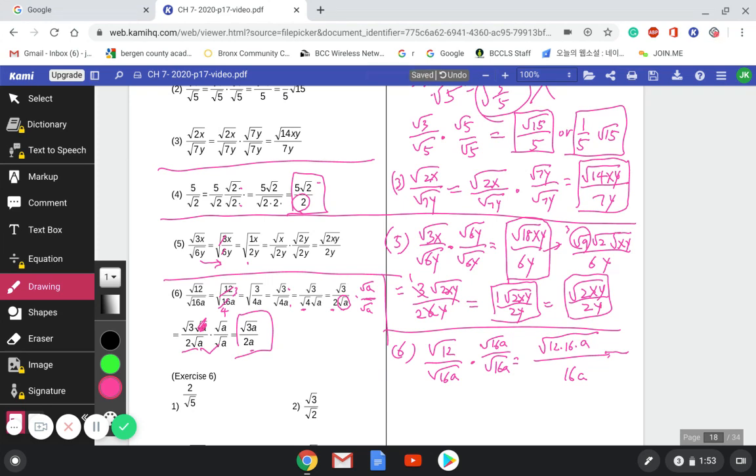So 12 and 16 can be reduced further. 12 is 4 and 3, 16 is square root of 4 and 4. So every square root of 4 comes out as a 2. So you write this as 2 radical 3, 2 radical a over 16.